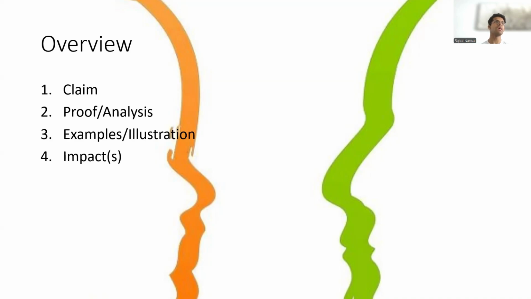So an impact is the consequence of your claim. The way you can think about this is basically your proof, analysis and illustration comes before your claim, and it helps to prove the claim itself. Then the claim is what you're trying to prove. And finally, the impact comes after your claim and shows the tangible benefits that come after you've proven your point.